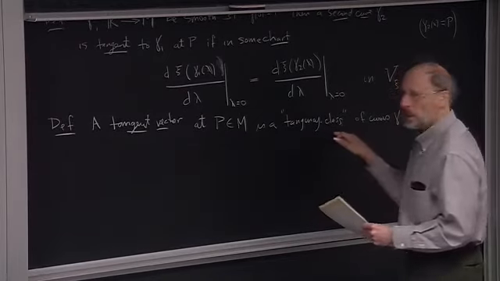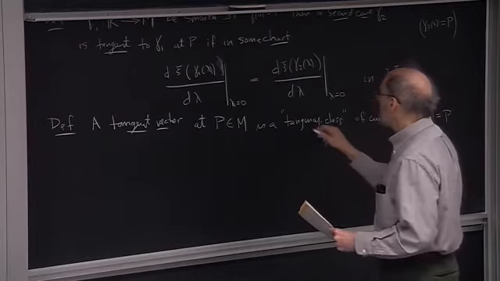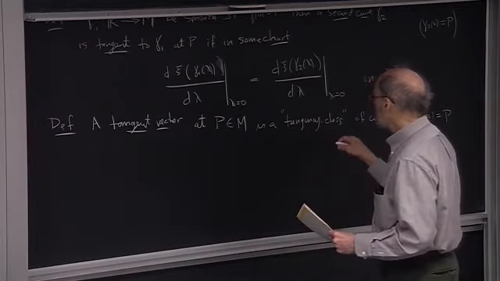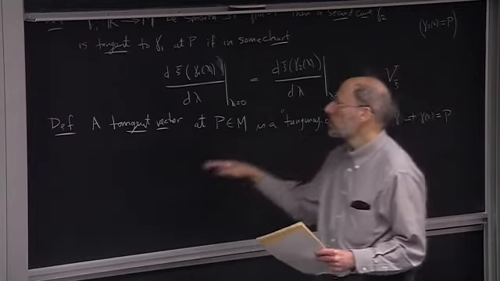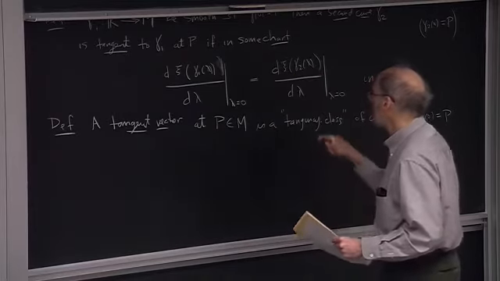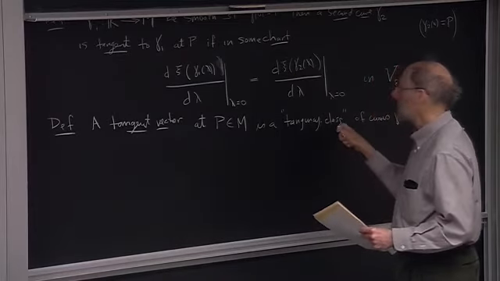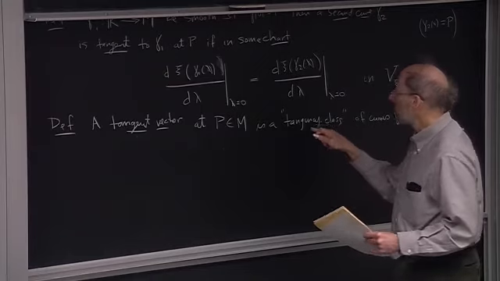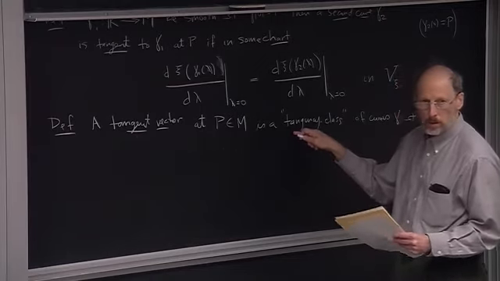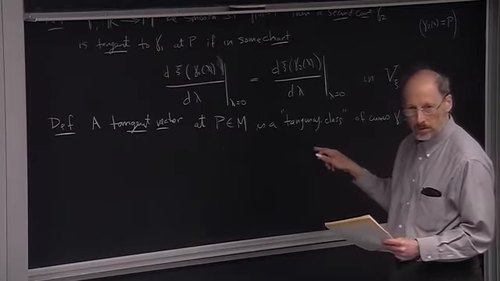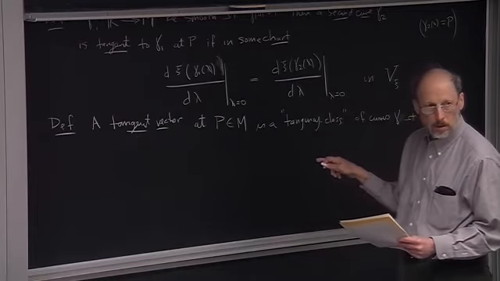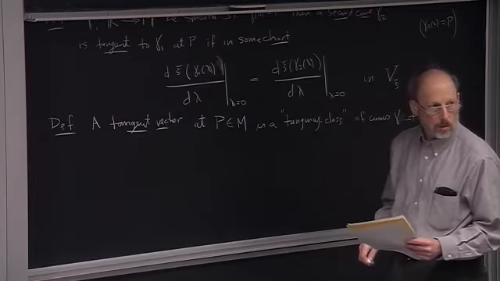By tangency class, of course, I mean an equivalence class with respect to the equivalence relation of tangency. In other words, if there's some vector in this tangency class, then every vector that's tangent to it is in the same class, and every vector that's not tangent to it is in some other class. So I assume that's a familiar notion.